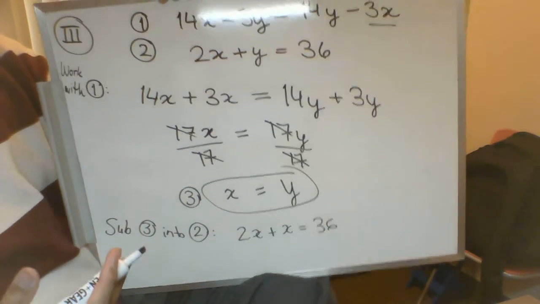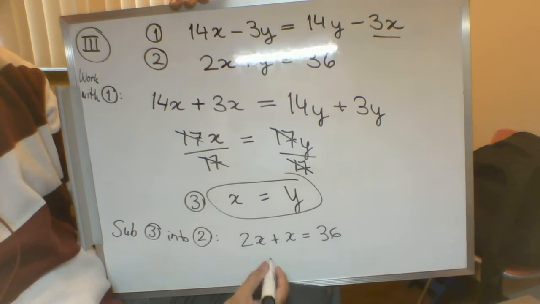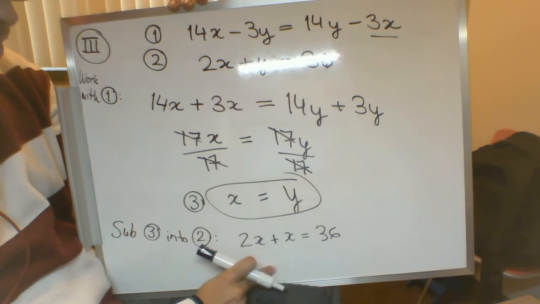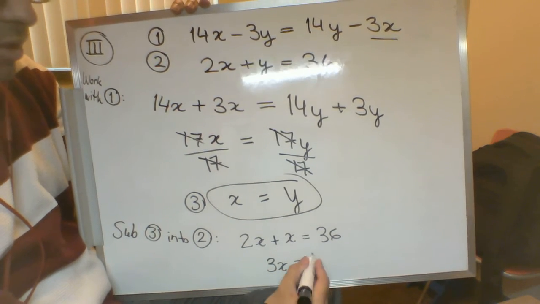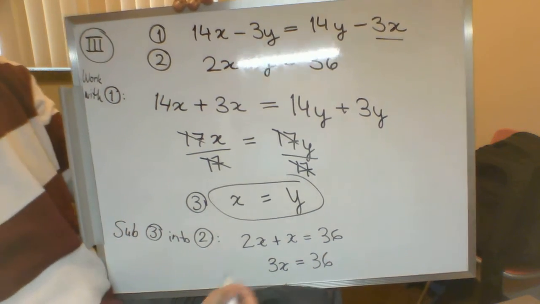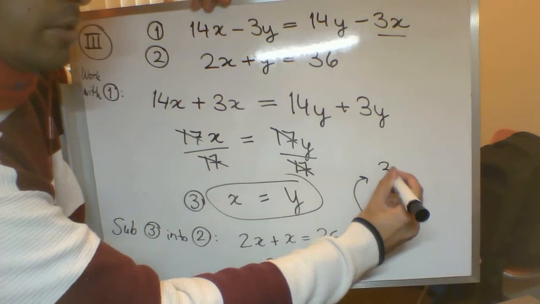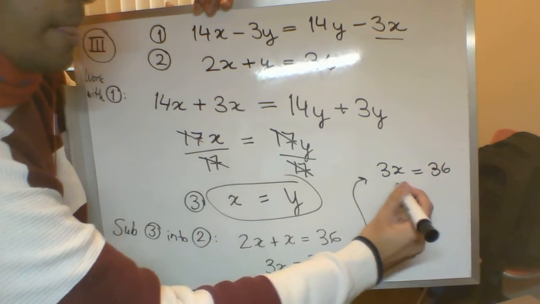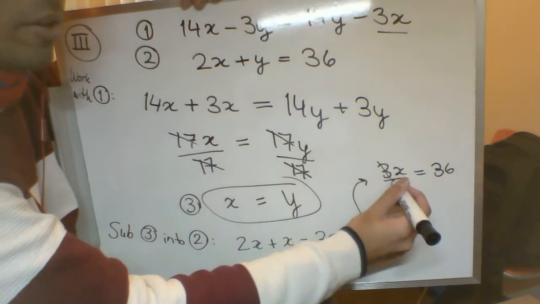Now, this equation is already set up with all of the variables on the left side and the numbers on the right side, so I'm just going to do that addition. 2x plus x will be 3x. 3x equals 36. And now to solve for x, we're just going to take that 3x equals 36, and divide the left side by 3 so that we can get rid of that number in front of the x.